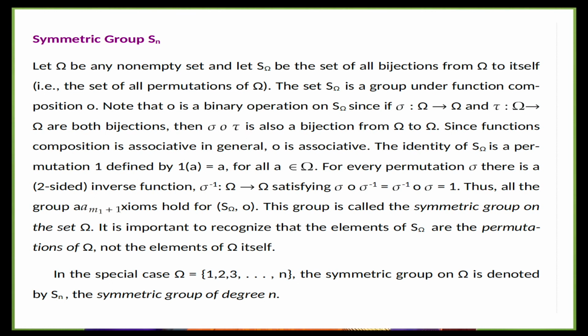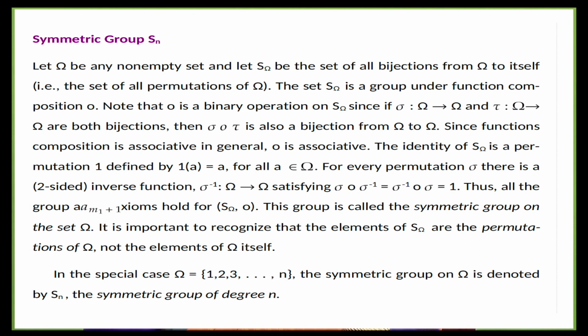Thus, all the group axioms hold for S_Omega with ∘. This group is called the symmetric group on the set Omega.